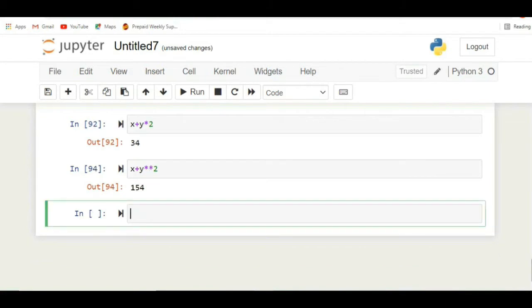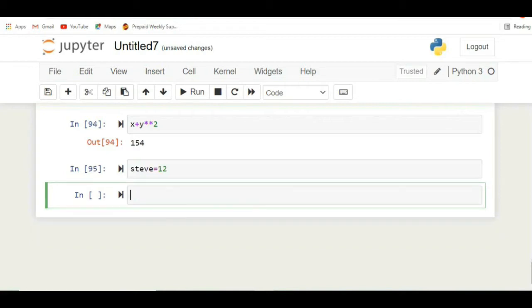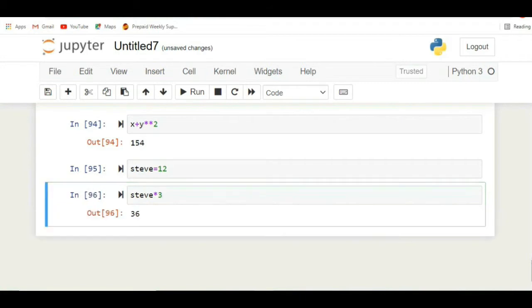And the next is just like, it is Steve. Suppose I am taking a Steve. Steve is a man who carries a value of 12, and since the value of Steve is 12, so Steve carries the value 12 multiplied by 3, it should be 36, by any name.